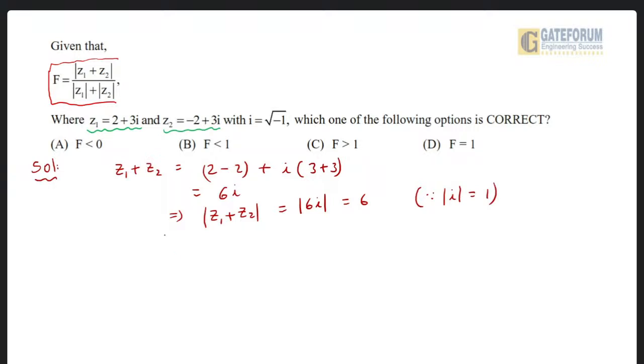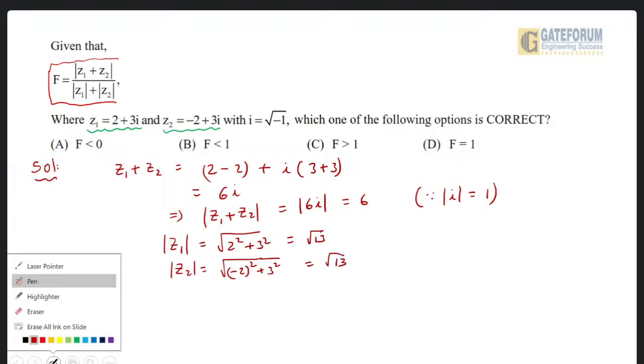Next, mod Z1 is equal to root over 2 square plus 3 square, which is equal to root 13. Mod Z2 is equal to square root of minus 2 whole square plus 3 square, which is also root 13.